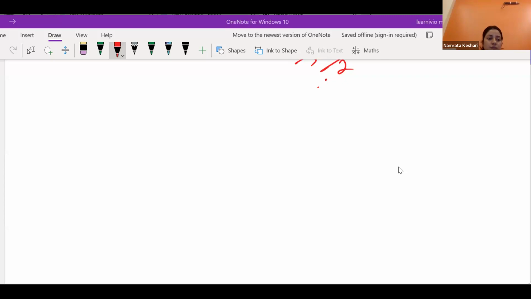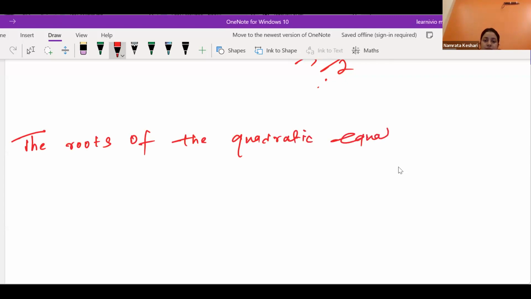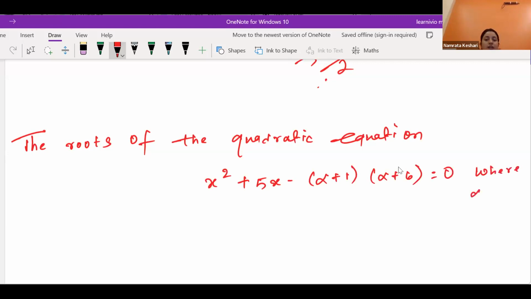Please do this one. The roots of the quadratic equation x square plus 5x minus alpha plus 1 alpha plus 6 is equal to 0, where alpha is a constant.